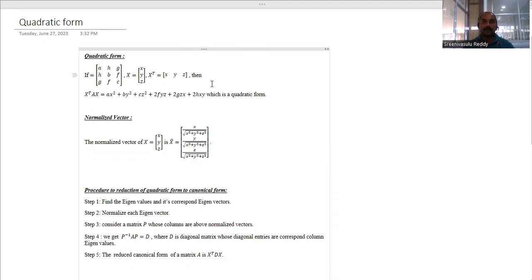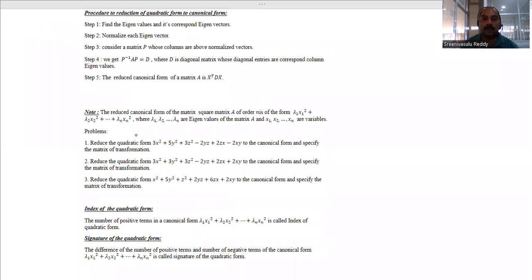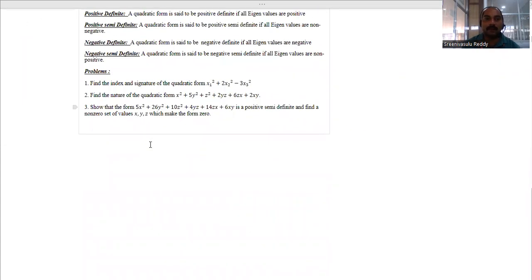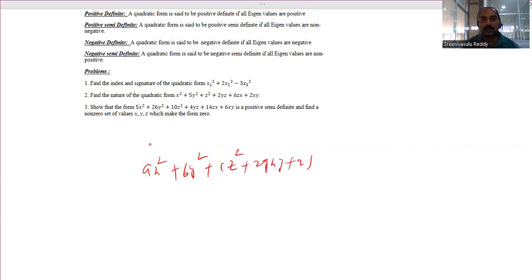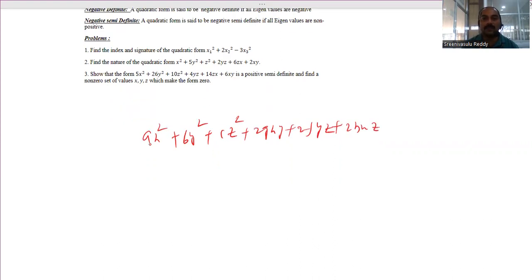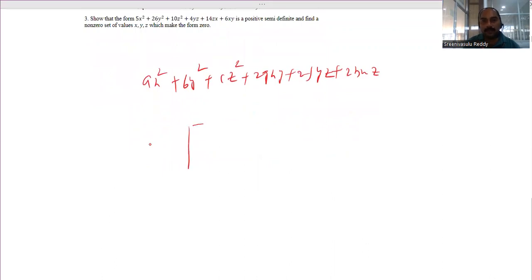I will explain later. This is written in the matrix form. I will explain one by one.